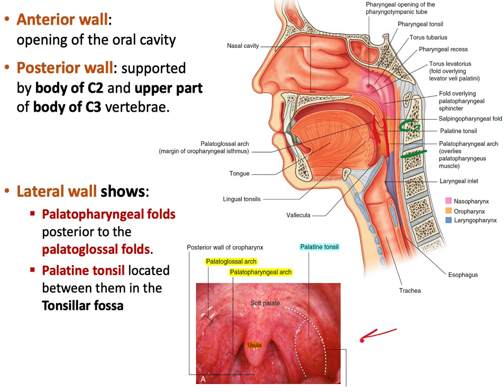If you need to know more about these arches, you can watch lecture number 1 of oral cavity. Anyway, this is the palatine tonsil you see in the mirror. Anteriorly you have a muscle, and posteriorly you have a muscle, both covered by mucosa, so they are creating folds.